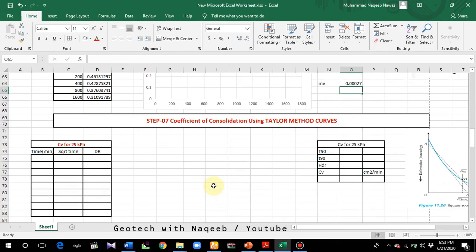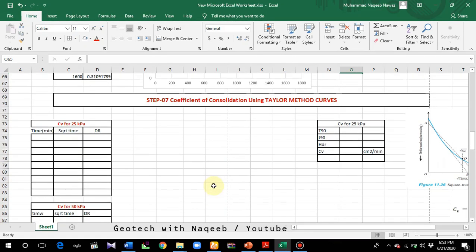So the last step is to find out the coefficient of consolidation using the Taylor method. For that purpose, I will have to select the time values.